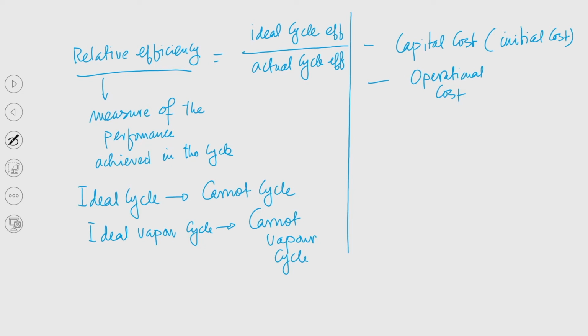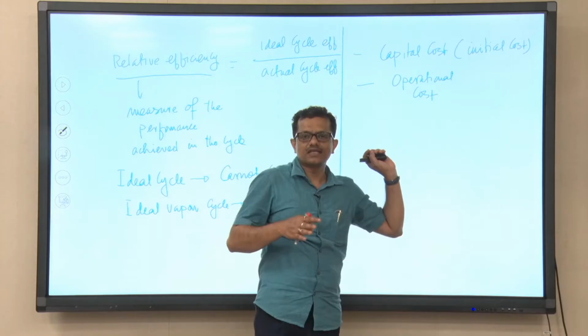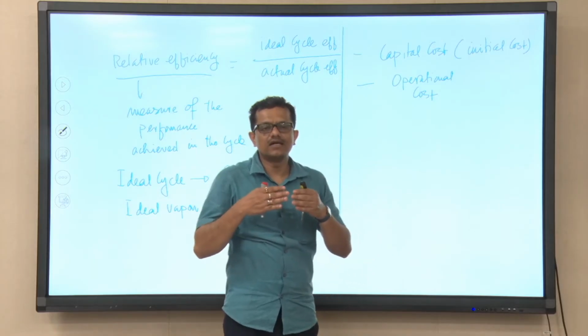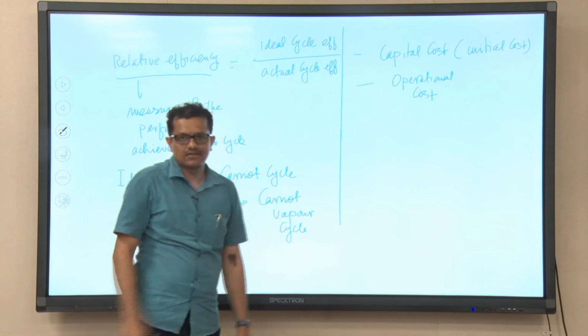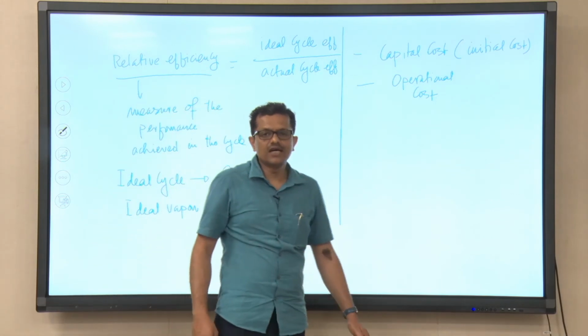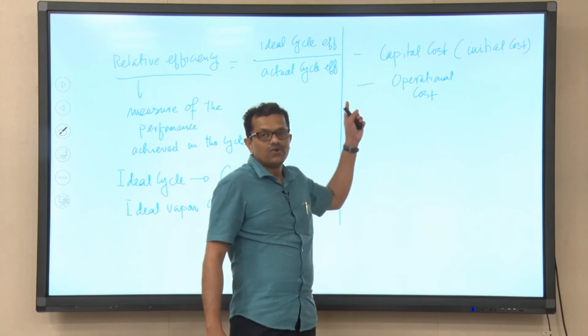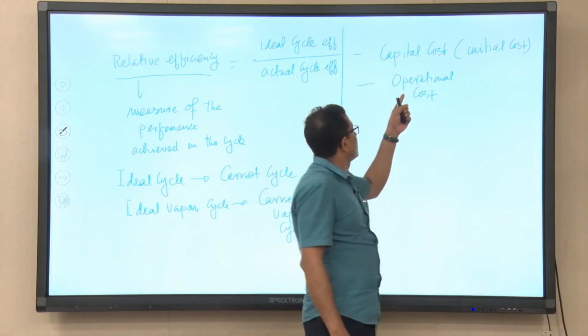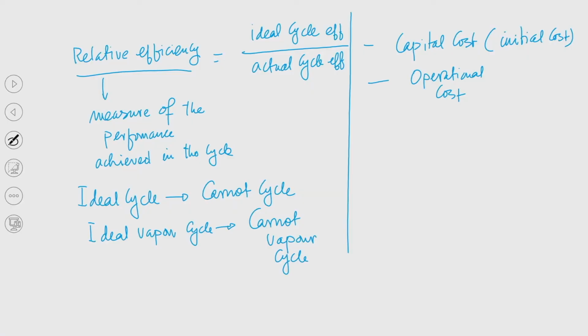Now, we should again understand that there are indices which are used to define the cost that will be associated with the capital one and the operational one, right.